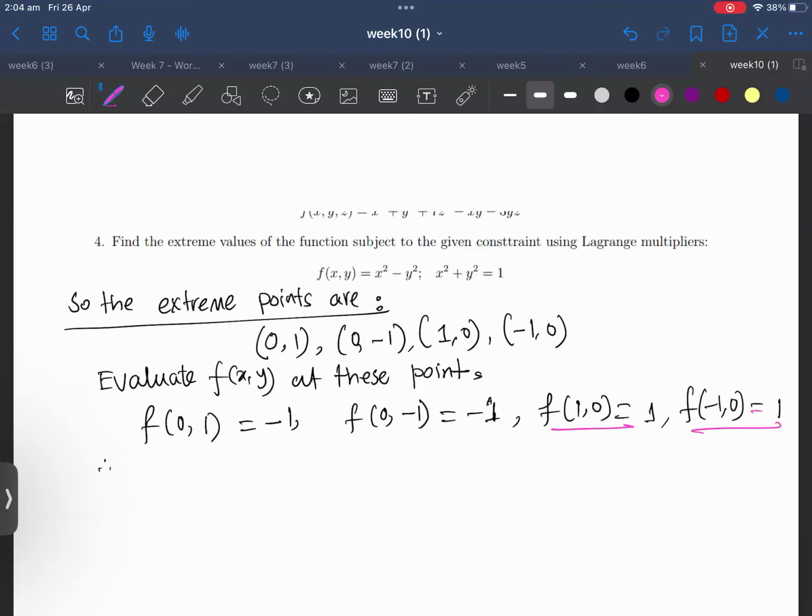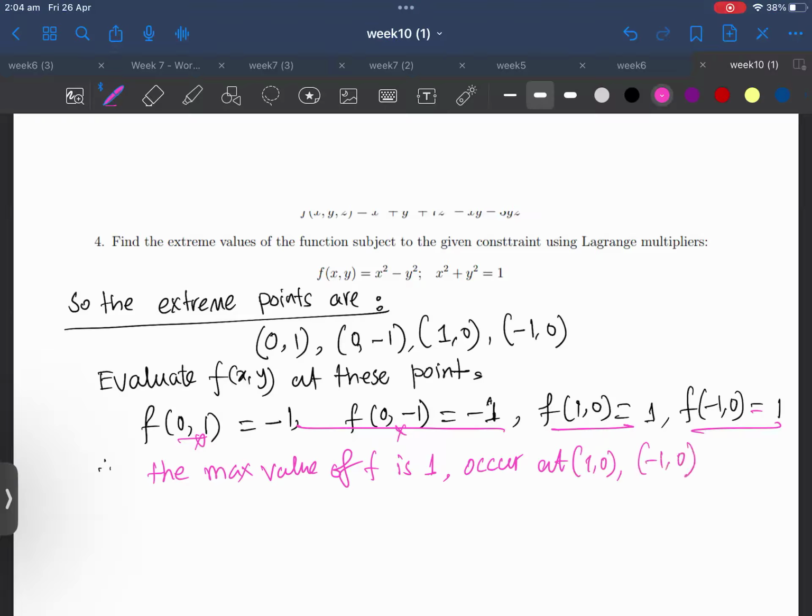And at this point, these two points. And the minimum will occur at this point and that point. So write down: the max value of f is 1, occurring at (1, 0) and (minus 1, 0).